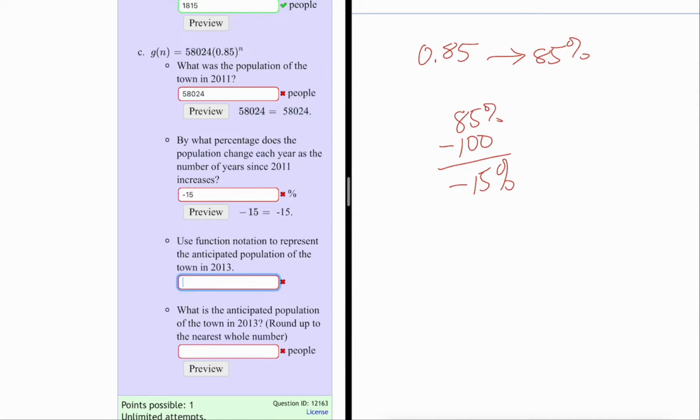Now, function notation says, using function notation to represent the population in 2013. Well, that is a 2-year change, so they called our function g, so that would be g of 2. What is the population at that time? If I plug 2 into my function, that's 58,024 times 0.85 to a power of 2, rounded to the nearest whole number.